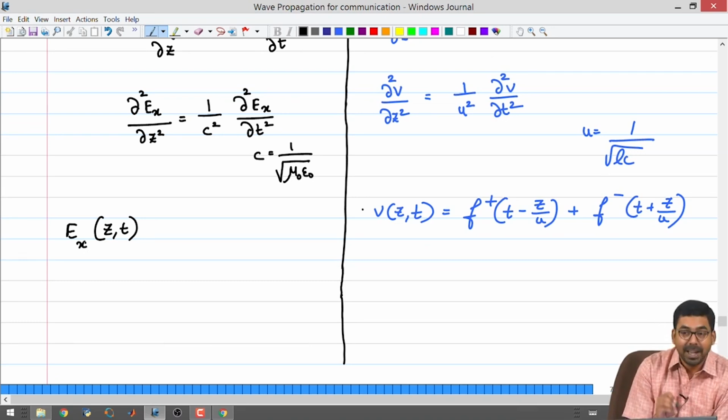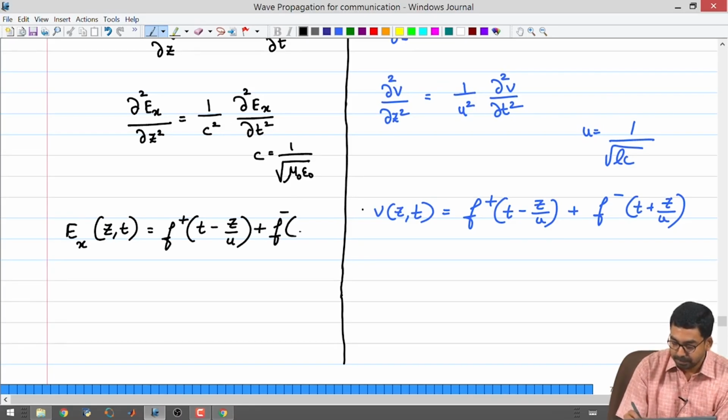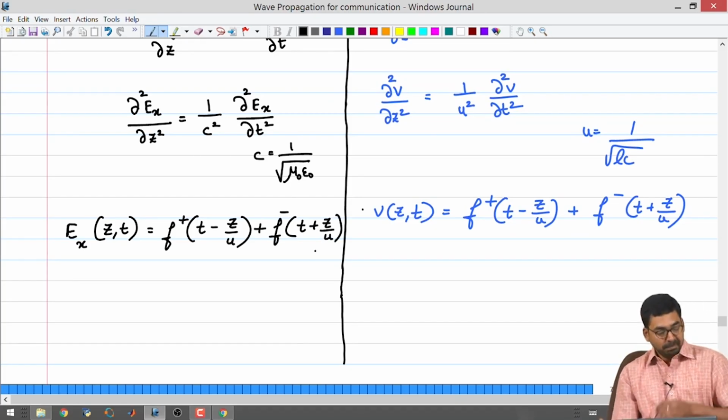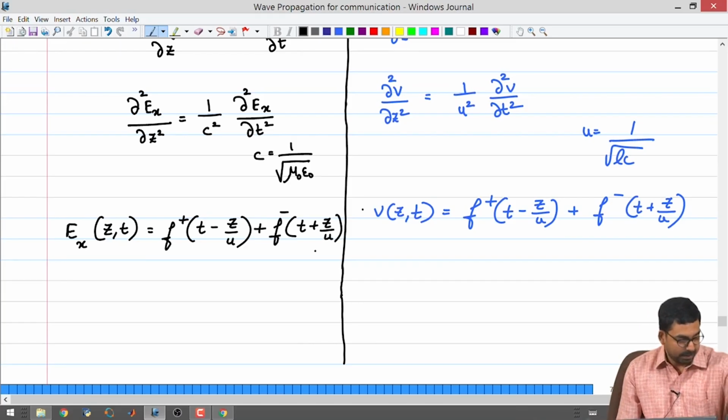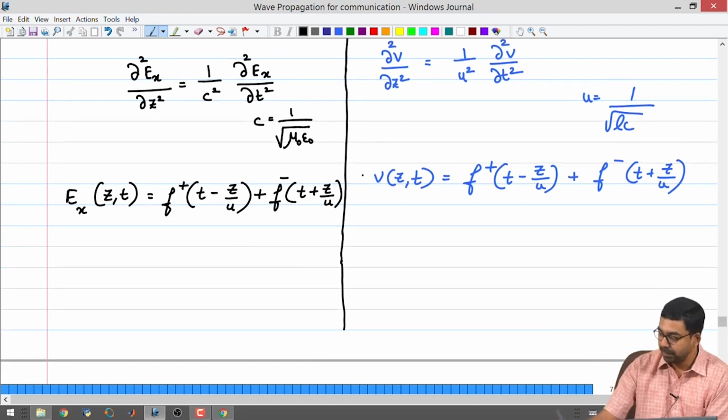Ex varies along z and t, and is equal to, using the same form, f of t minus z by u. So, we are establishing one-to-one equivalence in many cases.